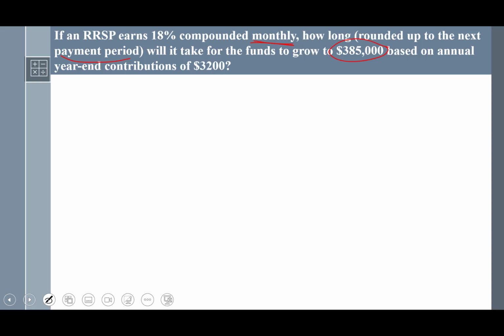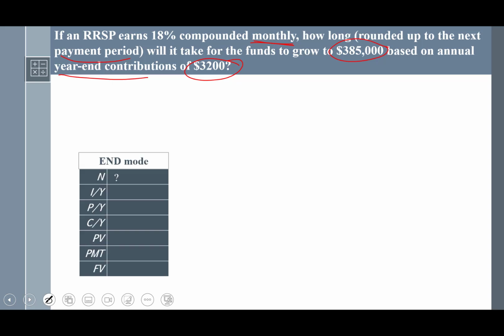So here, to grow to, that means this is the future value, based on annual year-end contribution. That's the PMT. Then it's year-end, because we have to figure out the annuity, monthly, year-end. They are not the same. Compounding period and payment period are not the same, and it's at the end, not at the beginning. So make sure the calculator is set to end mode.